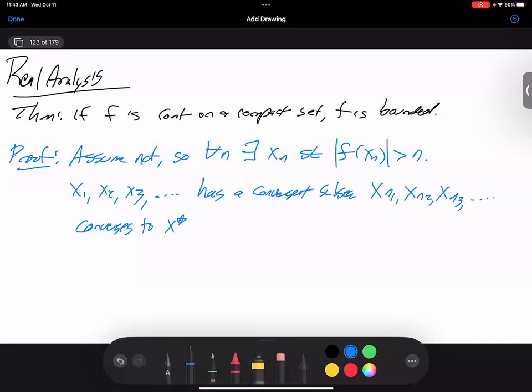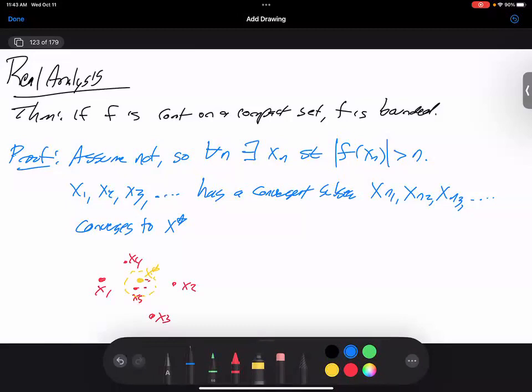Okay. So if you think about what's going on, I've got my points. Here's x1, x2, x3, x4, x5, dot, dot, dot. And maybe here is x star. Eventually, everything has to be very close to x star. But what do we know about our function? It's continuous.